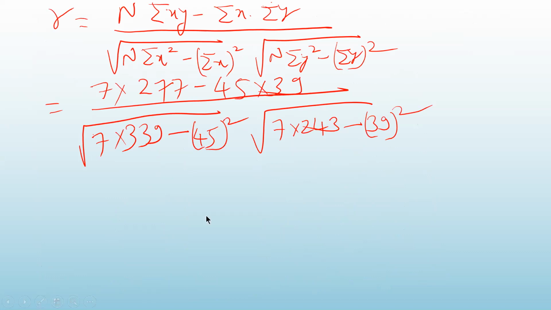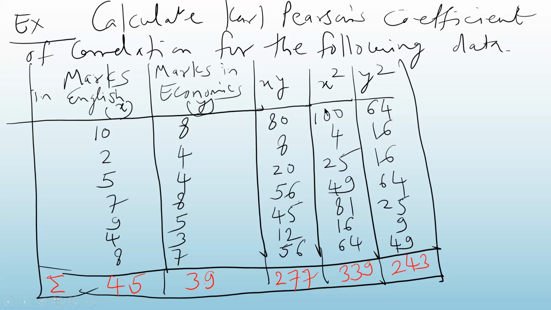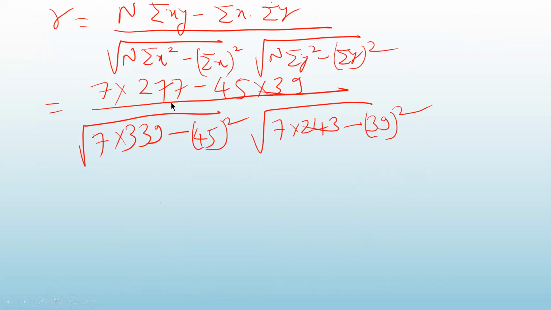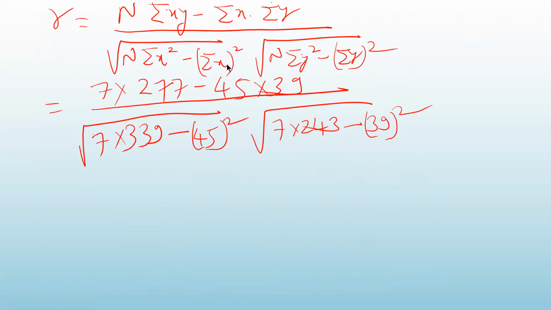In the denominator, capital N is 7, summation x square is 339 and summation y square is 243. And the summation x is 45 and summation y is 39, so 45 and 39 square.